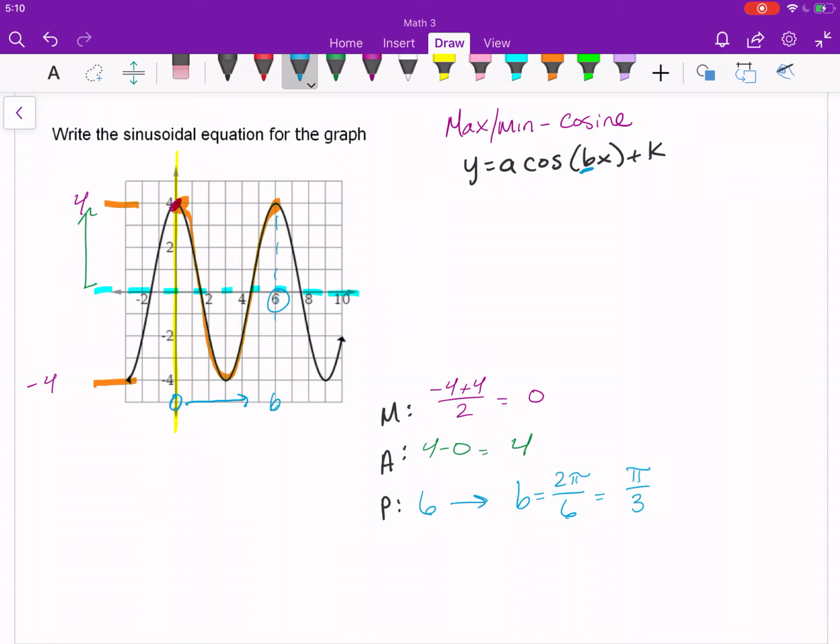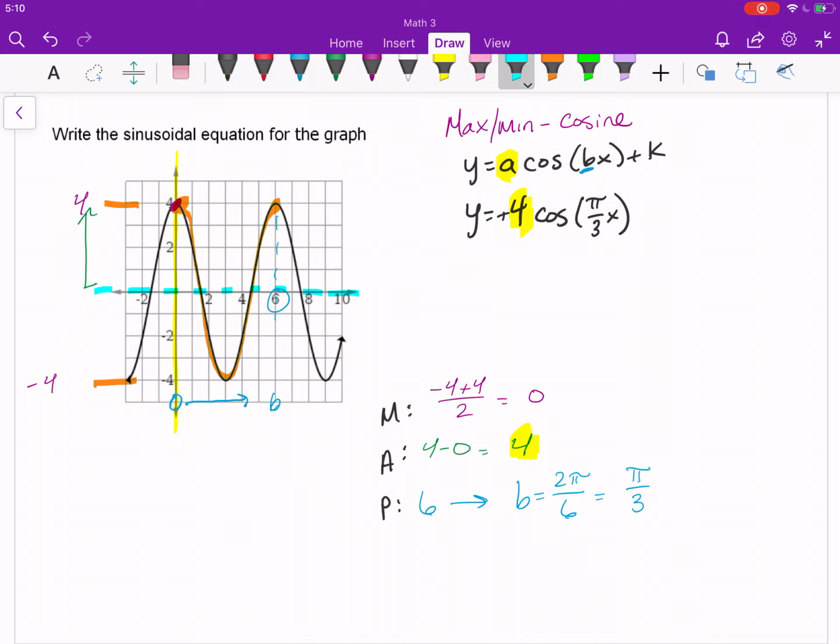Let's just put all this information in now that we have it. I'll start with our a, which is our amplitude. So it's 4. We do need to decide, is this a positive or a -4? Since we're at the maximum, definitely positive. I just found my b already, so b is pi-thirds x.